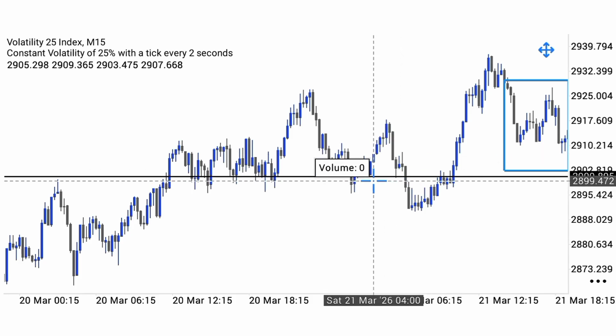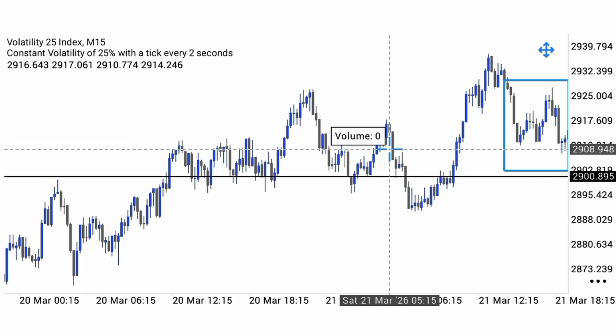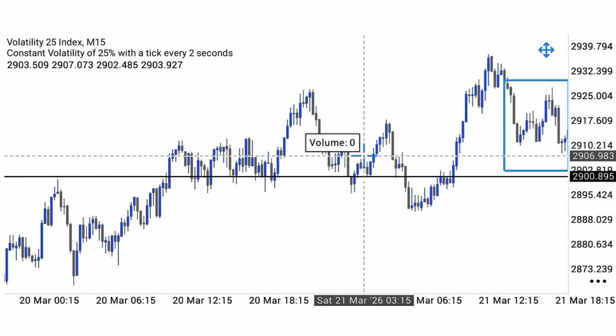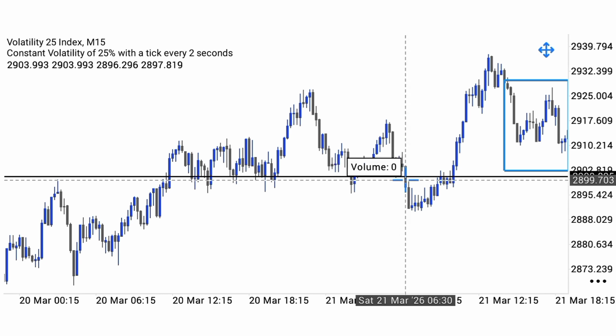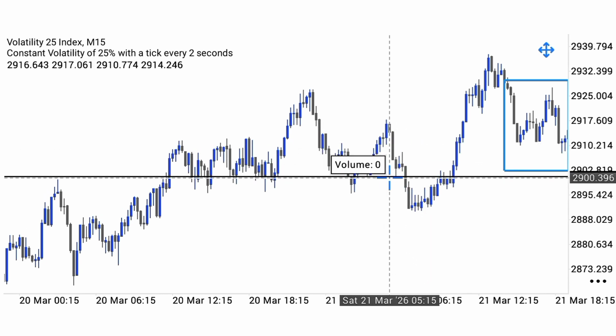We want to see a bullish pin bar for a bullish price movement, and we want to see a bearish pin bar for a bearish price movement. So this in our equation is very wrong in the market. So we cannot trade the market around this point.